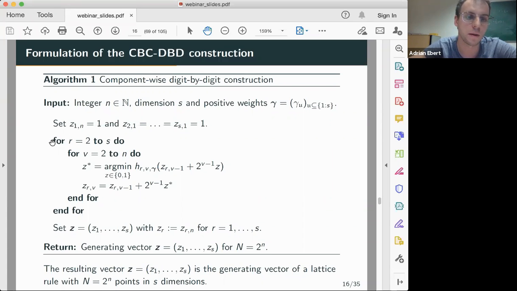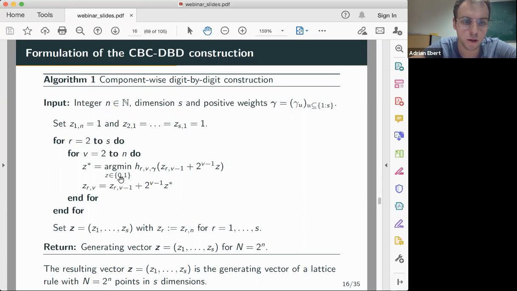We have one loop over the dimension, that's the CBC part, and we have one loop over the digits, that's the DBD part. Inside these two loops, we choose the digits of the particular components one by one. That is done by minimizing over the bits.